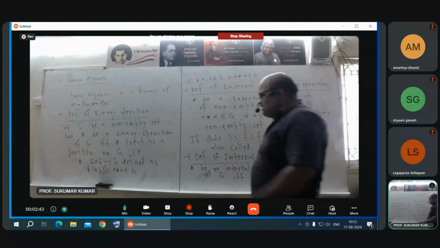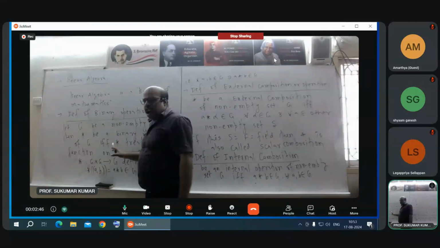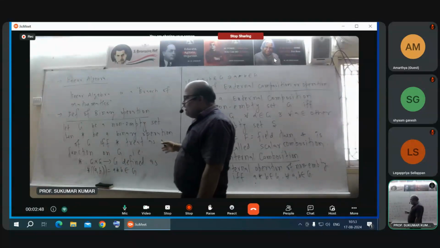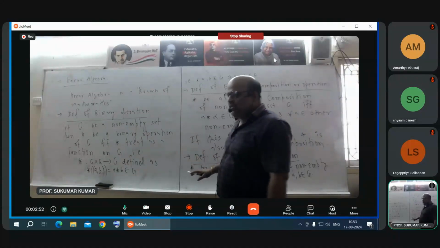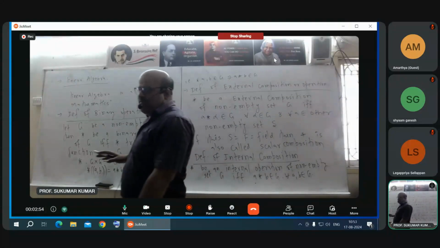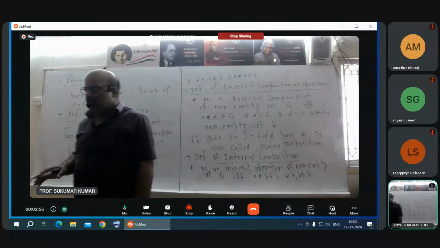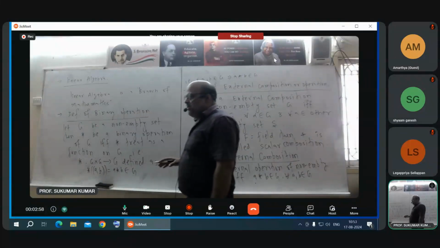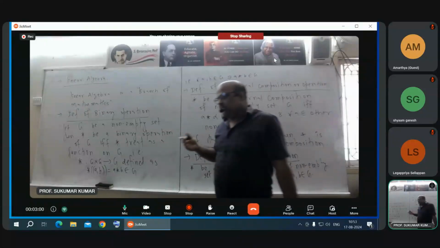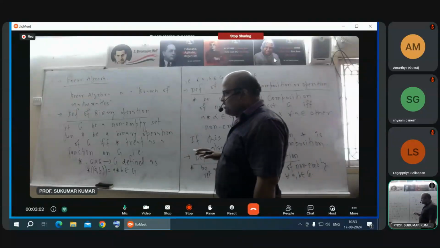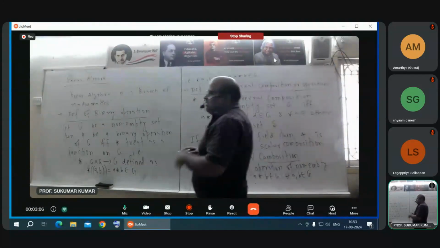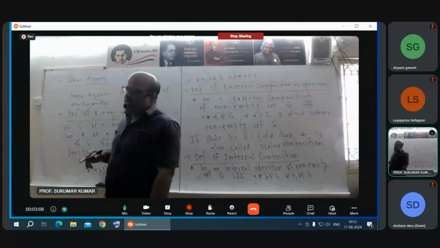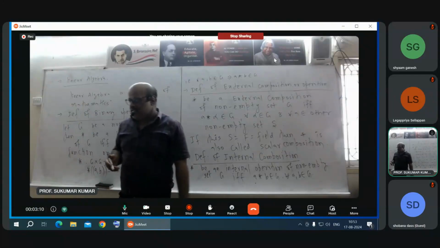Binary operation, these are just basic definitions. This I already told: binary operation means the same as kernel operation, both are the same definition. These are closure property, closure law, which is a star b must be from G for all a, b belonging to G. External composition means two-element operation in which one element is from another non-empty set.